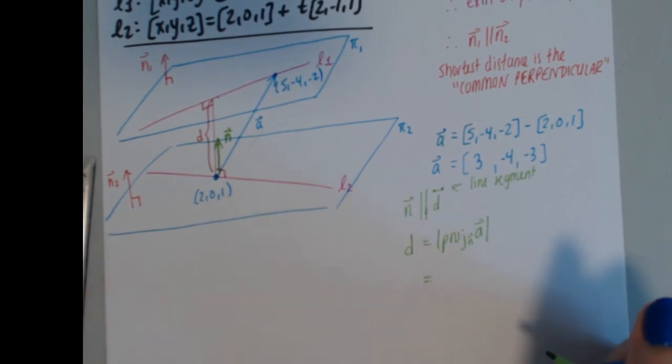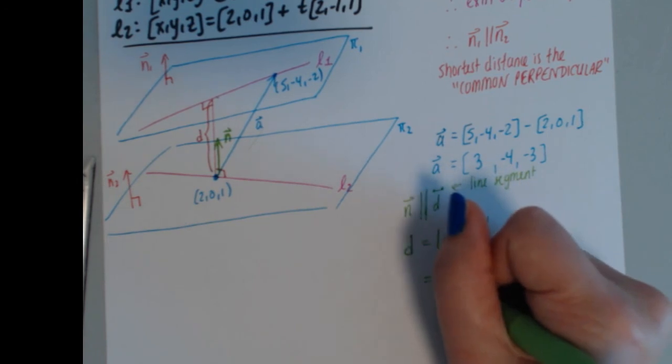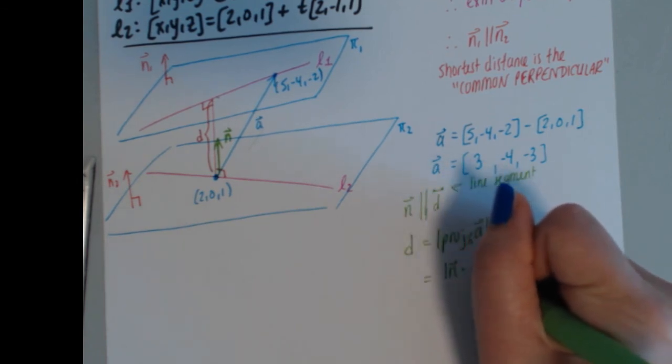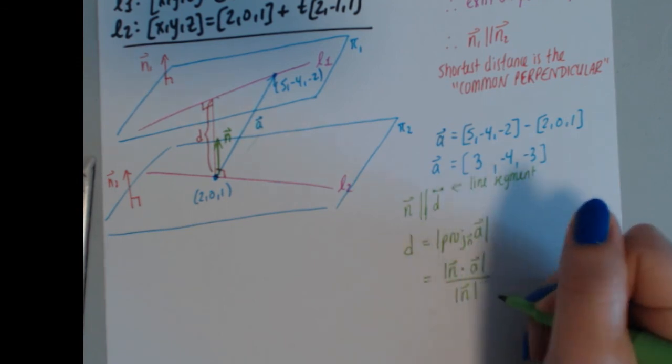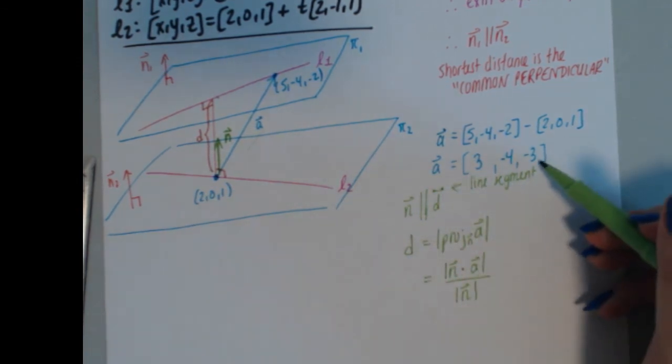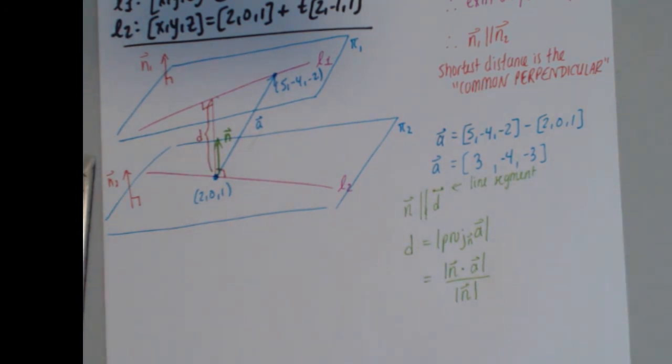If you don't remember the formula, that's okay. If you have A here in this spot, N in this spot, then the magnitude looks something like this. The magnitude of N dot A in the numerator divided by the magnitude of the normal vector in the denominator. Now again, A we just found, so that's good. We need N. And so a way in which to determine N, well, if I had N2, that would be great, but I don't have it.